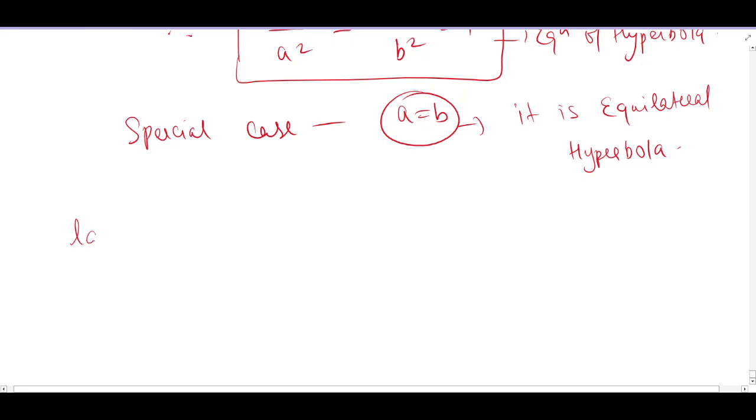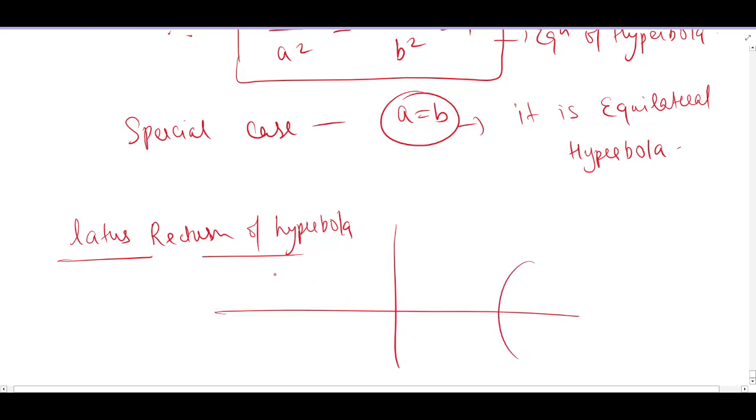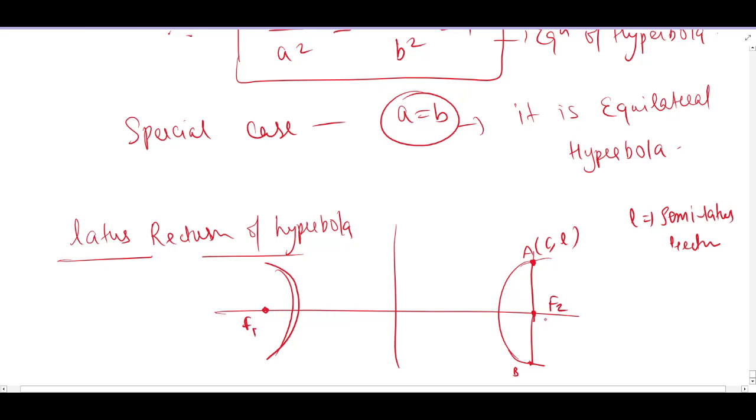So last is latus rectum of hyperbola. That is, if we consider a hyperbola and suppose we have this focus F1, and let this be a line which intersects the curve at A and B. So where coordinates of A is C comma L, where L is equal to semi latus rectum, and if this is F1 and this is F2, join AF1 and AF2.